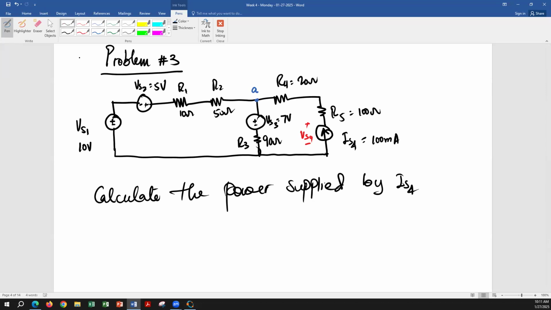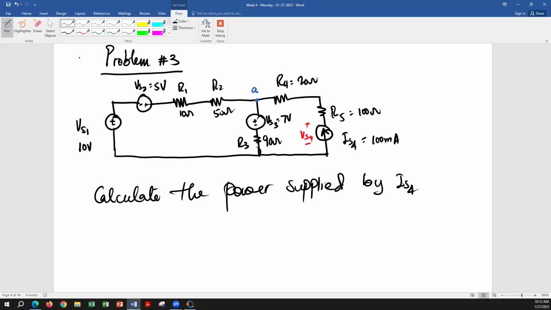One loop, exactly, because the right loop, we already know that the current is IS4, so we don't need to apply mesh in that. We can apply mesh on the left loop and find the current. And once we find the current, then of course we can apply KVL in the right loop to get VS4.